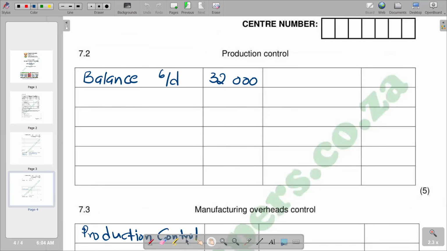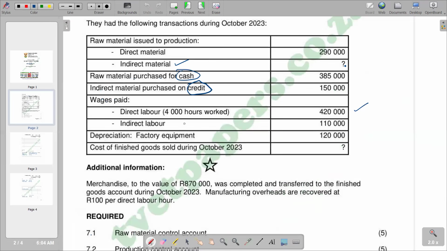So we come there where we say labor control. Then the corresponding entry for labor control is not going to be shown since the question is not asking for the labor control account. So we refer back, after that we have got indirect labor, 110,000.